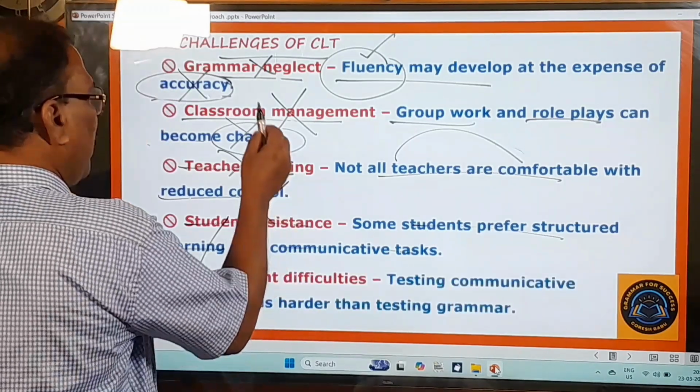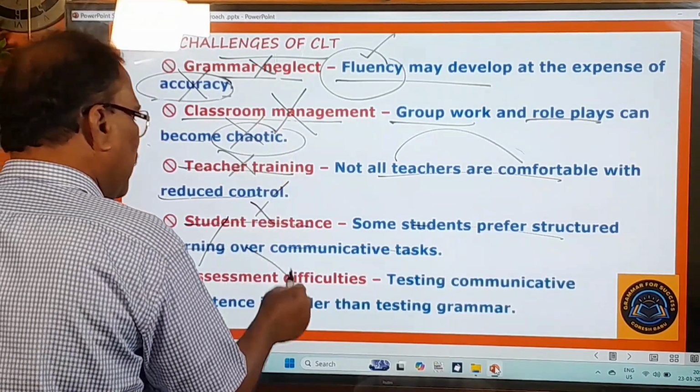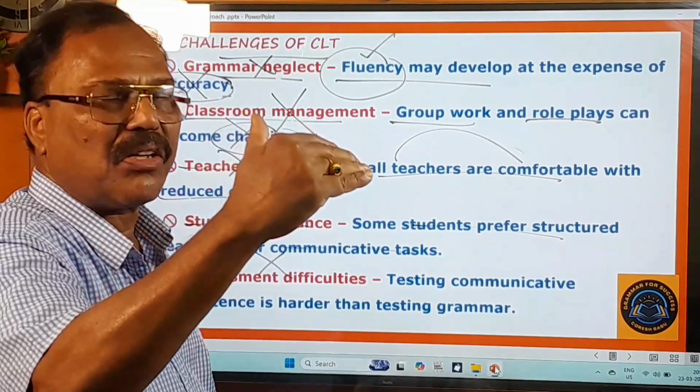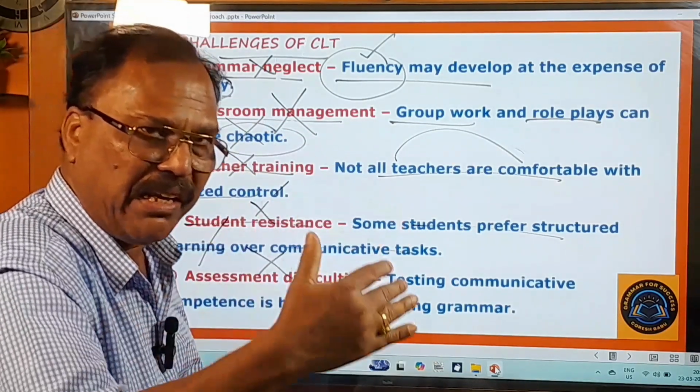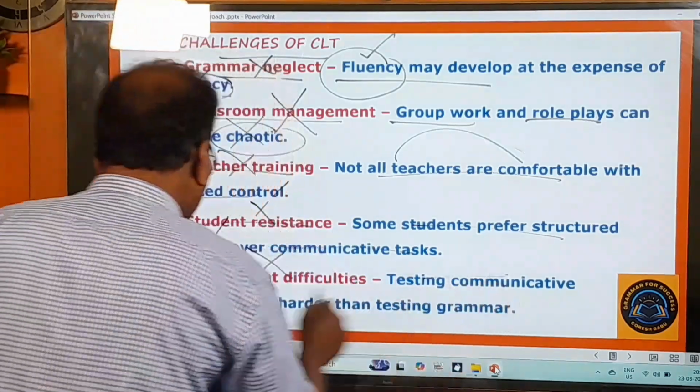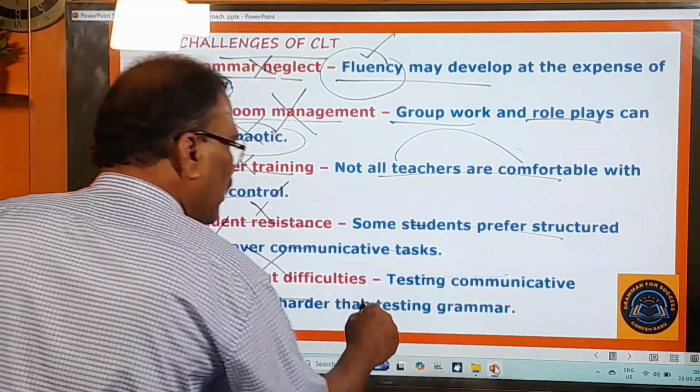Another disadvantage of this CLT approach is assessment difficulties. Weighing the worth of the students is called assessment. Testing communicative competence is harder than testing grammar.